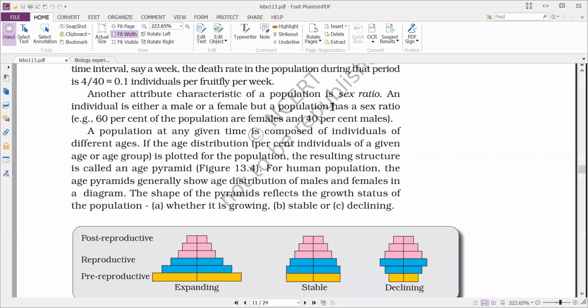So if the age distribution, that is percent individuals of a given age or age group, depending upon which age group is more, based on that we are able to understand whether the population is increasing, decreasing or stable.